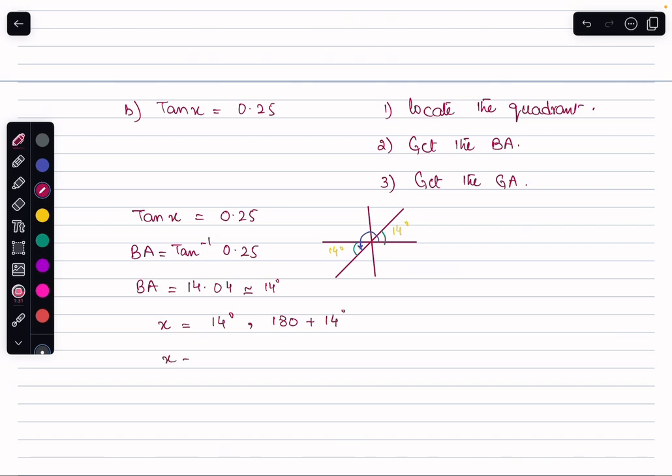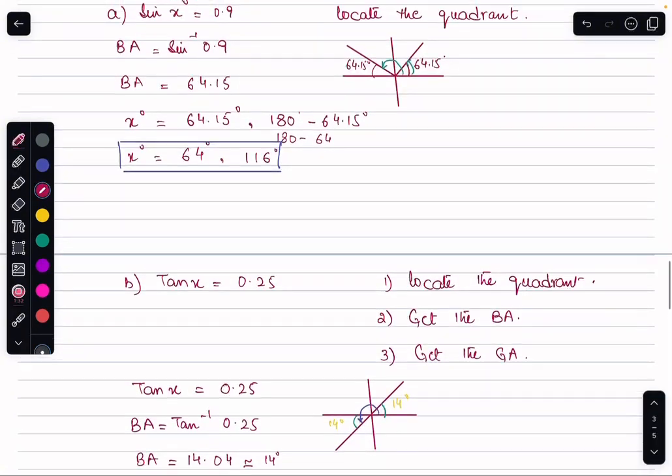The two angle values are 14 degrees and 194 degrees. These are the two solutions for this question where our tangent was positive.